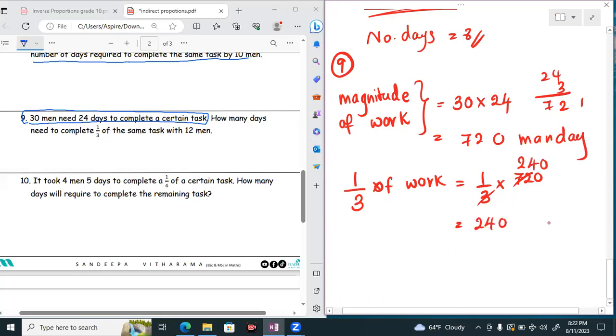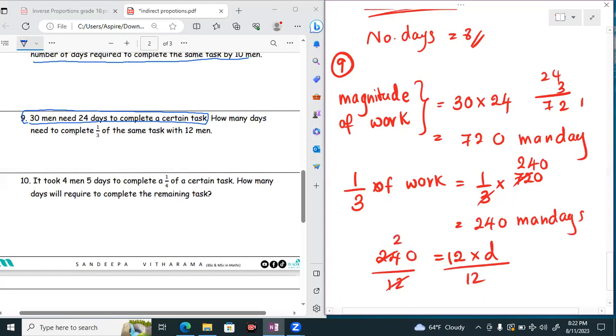Then they have asked to complete 1/3 of the work. That means 240 man days with 12 men. How many days is it required? Then divide by 12. It is 20.